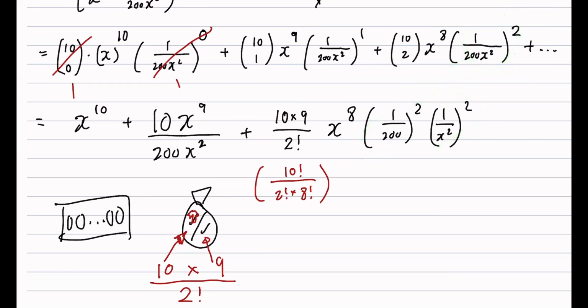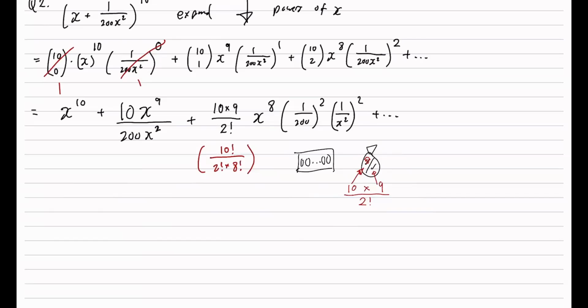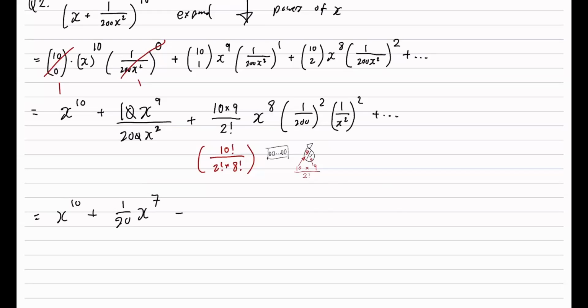Then plus dot dot dot. Now we try to simplify. I'll shrink this down. Okay, so expand: 10 over 200 is 1 over 20, x power 9 minus 2 is 7, right? And this one is 45 times 1 over 200 squared.